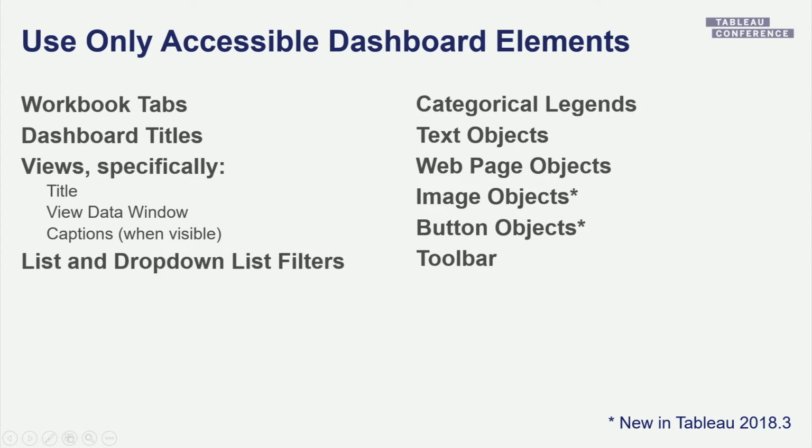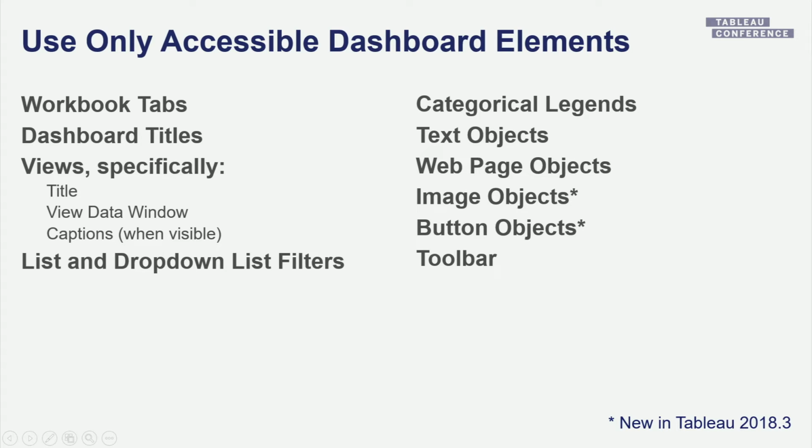And so that's the trick for giving someone who is unable to perceive through vision the ability to get at the data: you have them open up the view data window, which basically is a table of the underlying data in a plain HTML table that can be navigated using a keyboard and assistive technology. And I'll show exactly what that looks like when I do the demo.